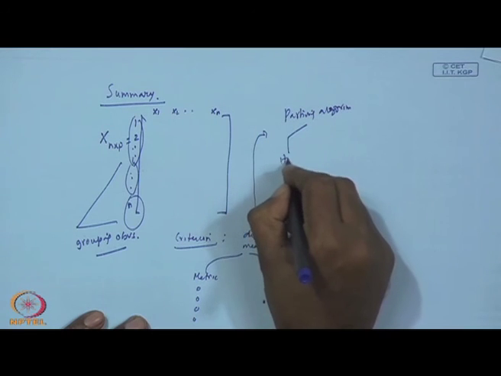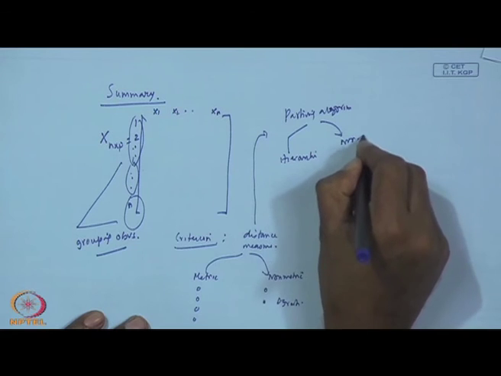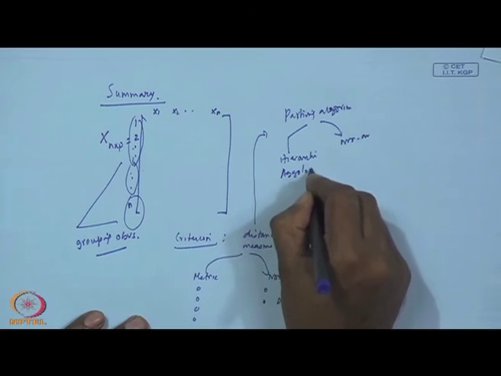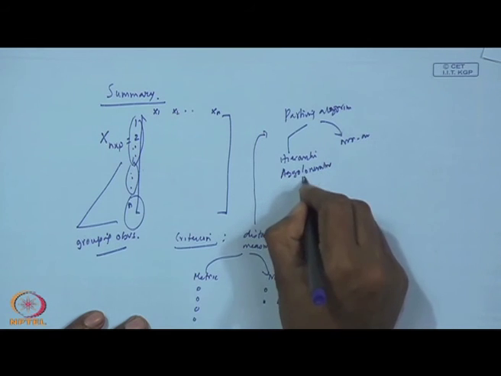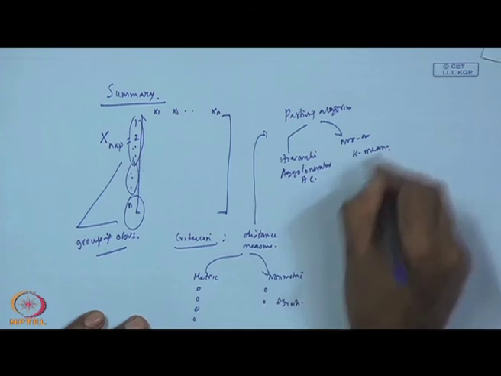This can be hierarchical or non-hierarchical. Hierarchical is agglomerative hierarchical clustering, and non-hierarchical is K-means clustering.